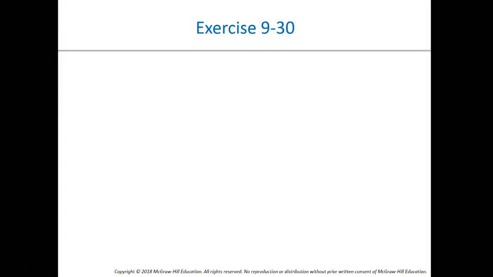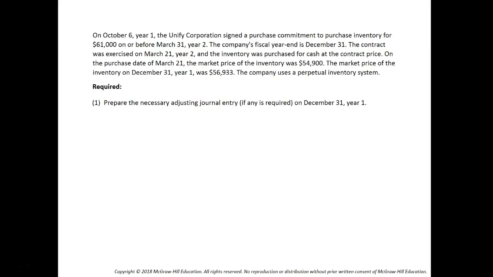Now let's look at exercise 930. On October 6th of year 1, the Unified Corporation signed a purchase commitment to purchase inventory for $61,000 on or before March 31st, year 2. The company's fiscal year end is December 31st. The contract was exercised on March 21st, year 2, and the inventory was purchased for cash at the contract price.